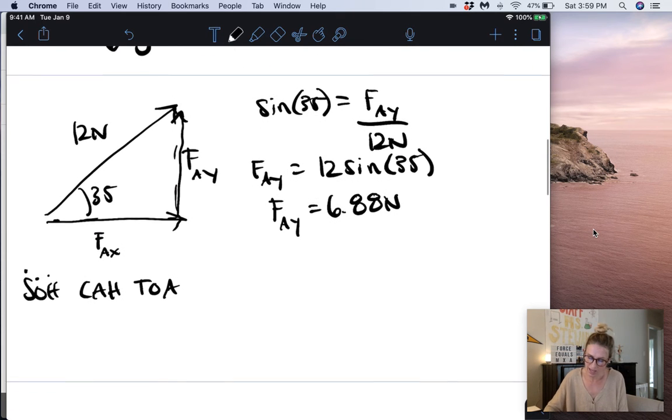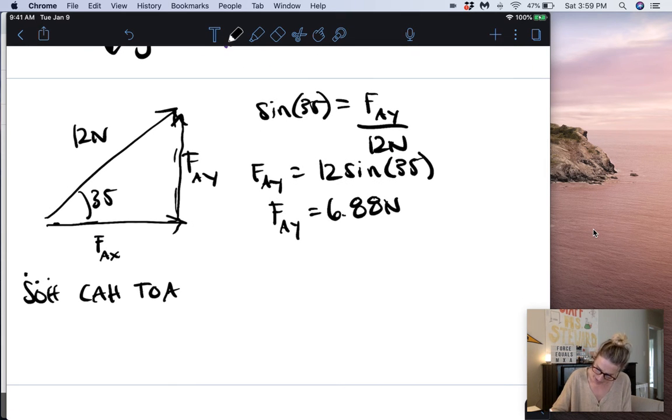All right, and then we're going to do the same thing for the x direction. We get force applied in the x direction is going to be equal to 12 times the cosine of 35, because what happens here, and I'm sorry, I skipped a step, the cosine of that 35 degrees is equal to adjacent over hypotenuse.